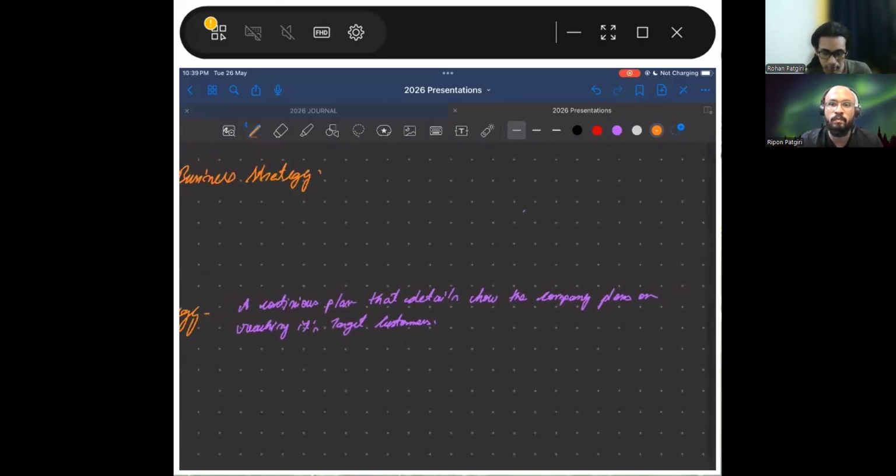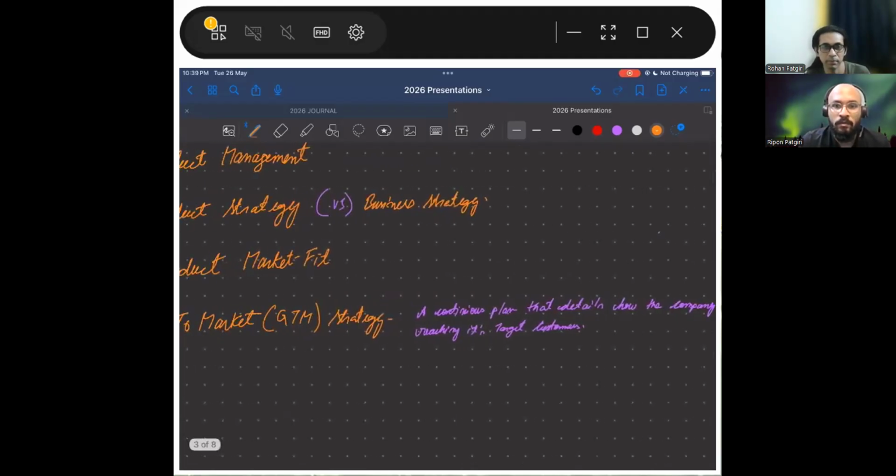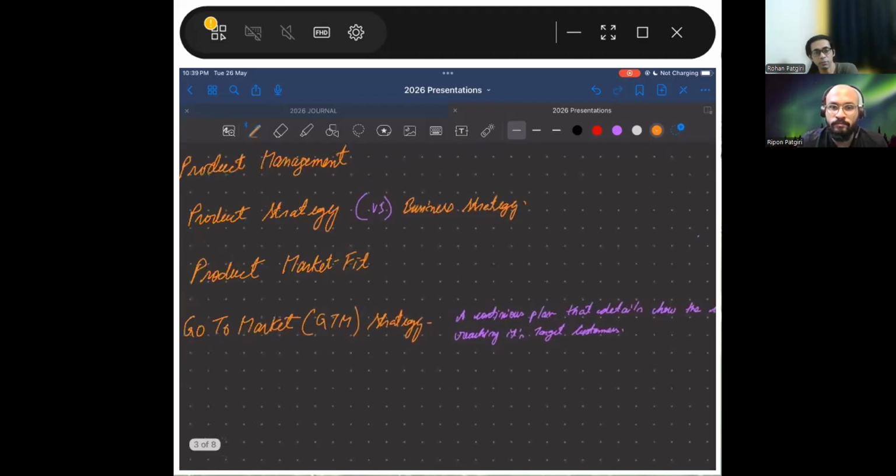Okay, so I've given a definition, but I haven't connected it here. So suppose a product passes this test, the product market fit. Suppose there are enough users to justify that, okay, it's enough for us to start launching the product at a mass scale.